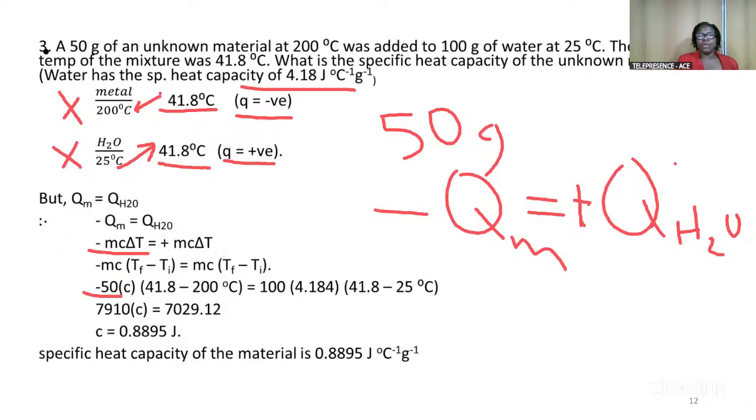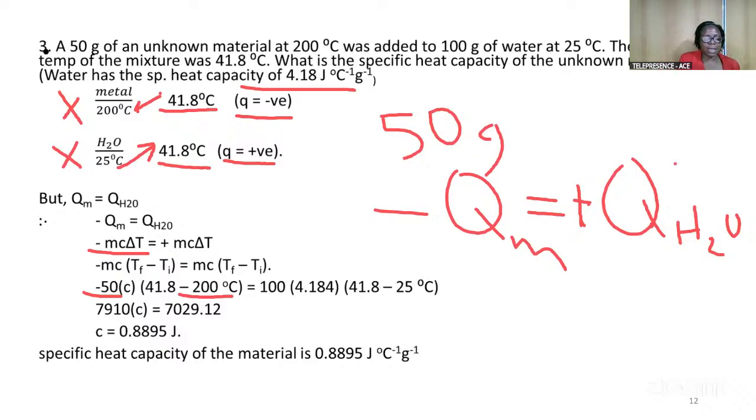For the material, we do not know the specific heat capacity, so C is the unknown. The final temperature was given as 41.8, and the initial temperature was 200 degrees Celsius. So you have to put that correctly.